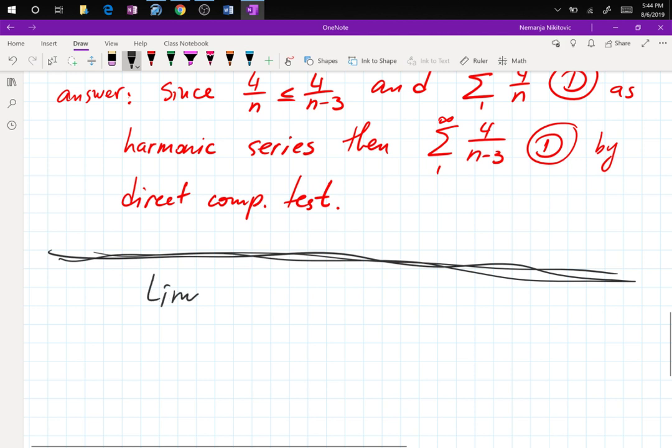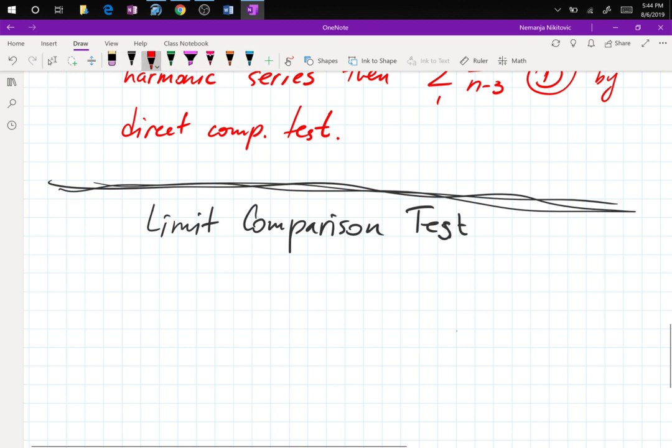Limit comparison test. So for the theorem, we have the same deal.